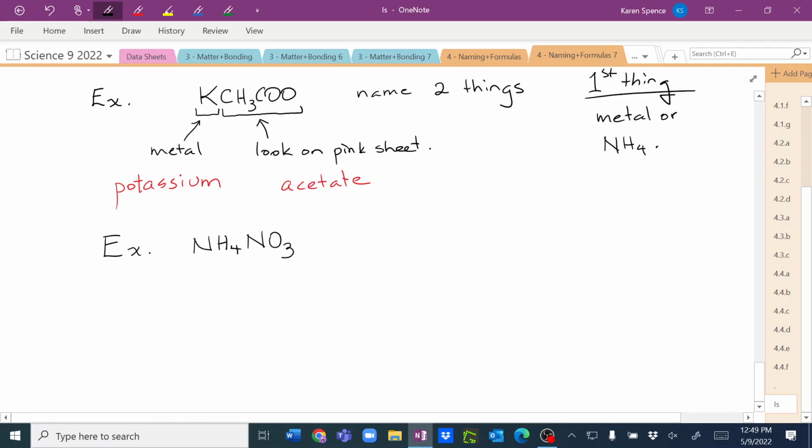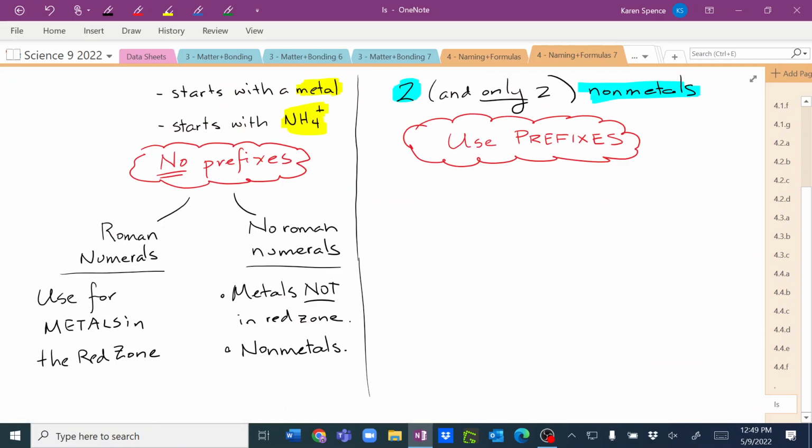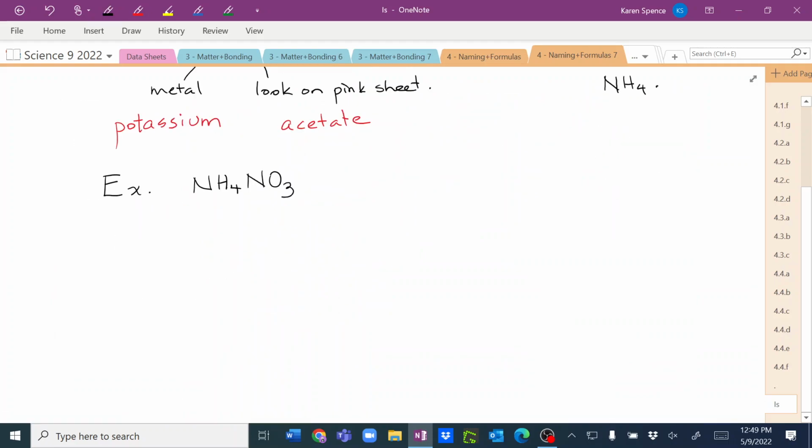NH4NO3. That's a lot of things. They are all nonmetals. But remember, covalent compounds are 2 nonmetals, not like 3 or 4 nonmetals. So it's not a covalent compound, and you can recognize that because it begins with NH4.